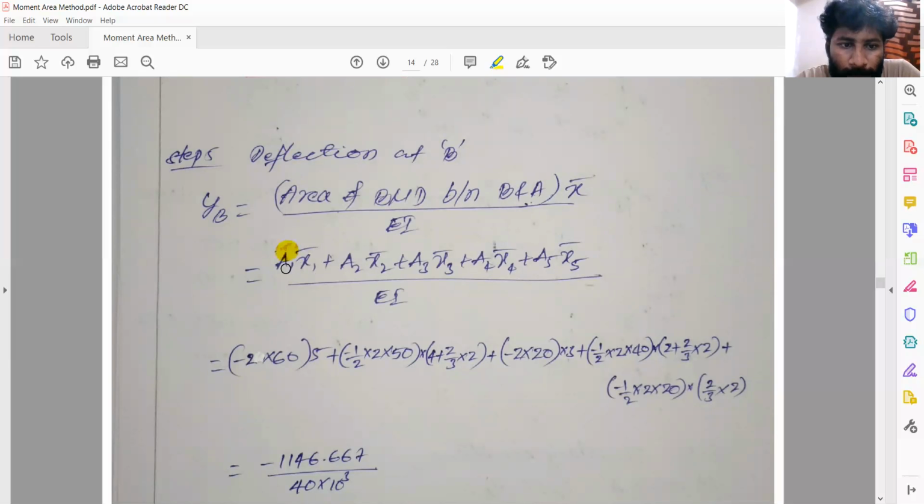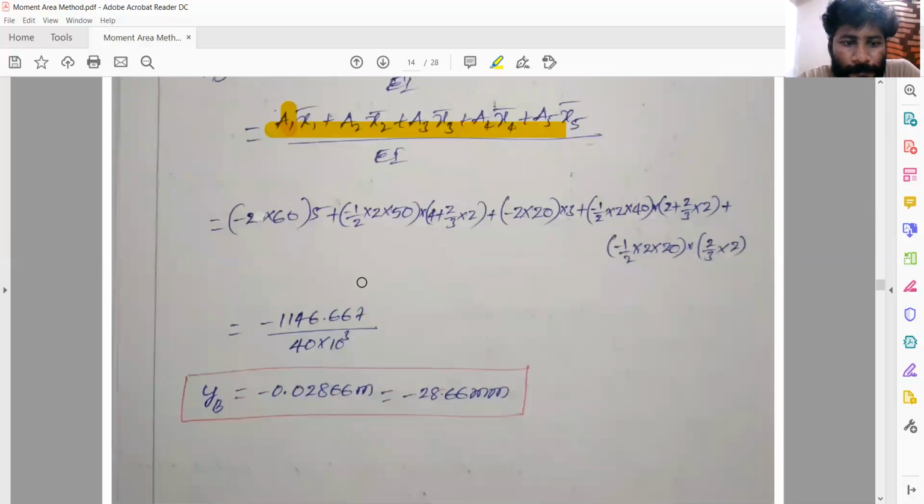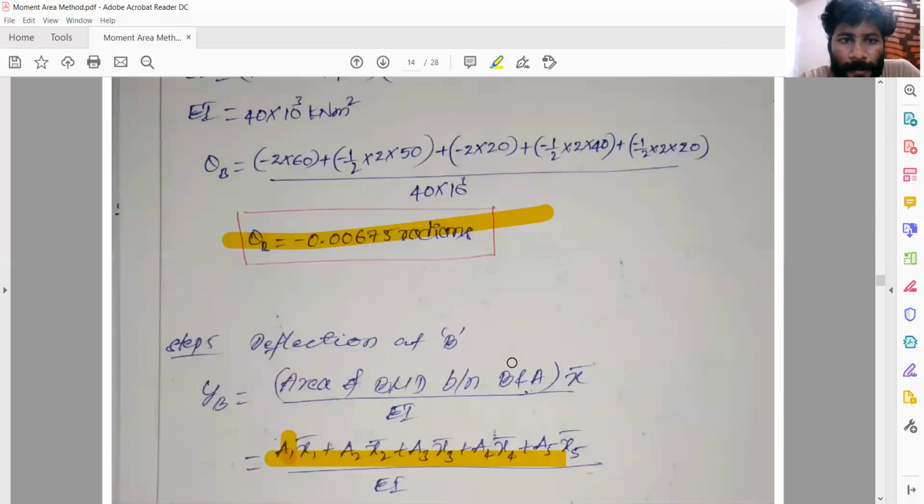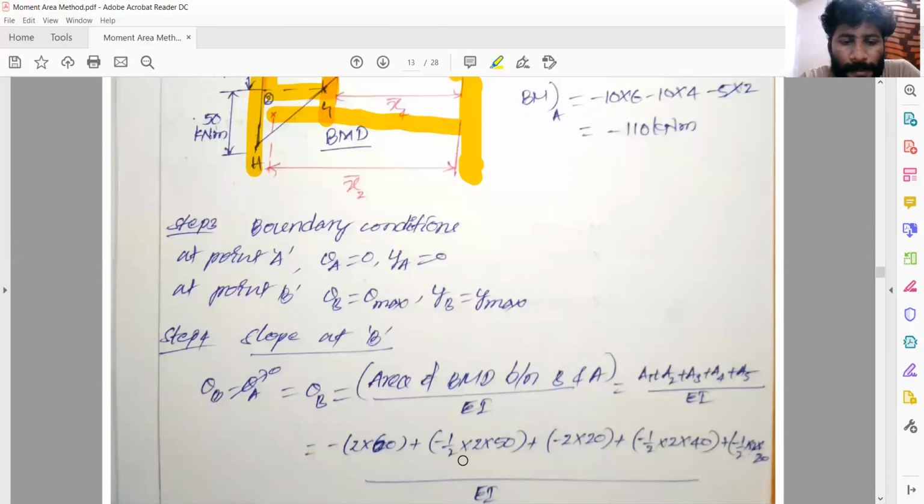This is the area of the individual bending moment diagram into X1 bar, the distance between the centroid of that area and the section where we want to find the deflection. Like that, we have 5 areas with corresponding X bars, divided by EI. So that's the final deflection. You can check these values with these diagrams. It's given.